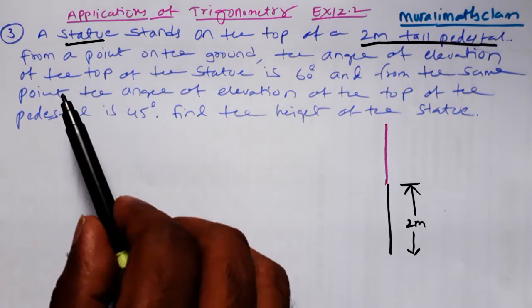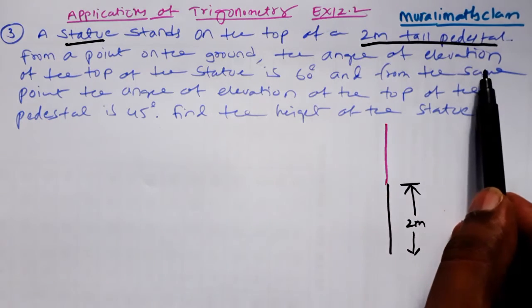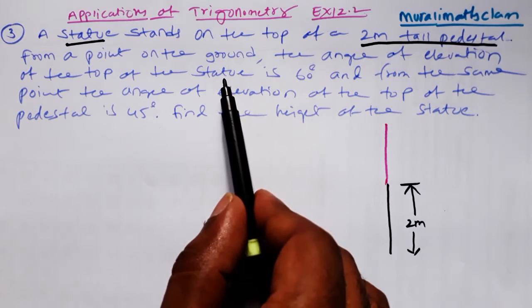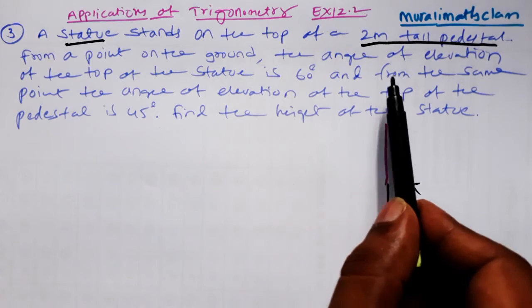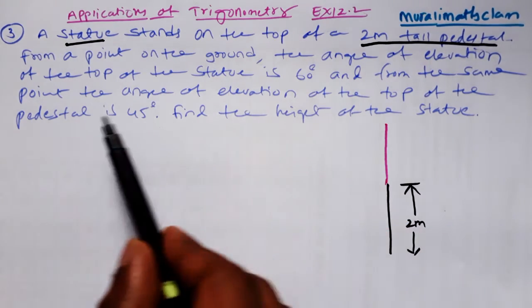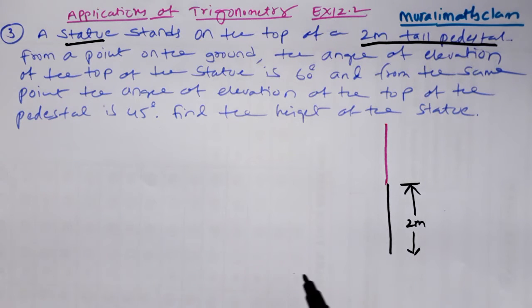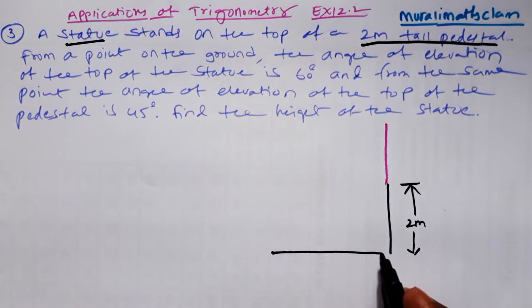Next one. From a point on the ground, the angle of elevation of the top of the statue is 60 degrees. And from the same point, the angle of elevation of the top of the pedestal is 45 degrees. So one point is there on the ground. Let us take one point here and draw one horizontal line like this.